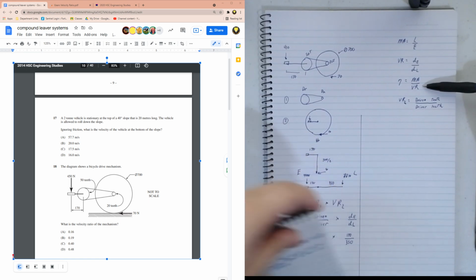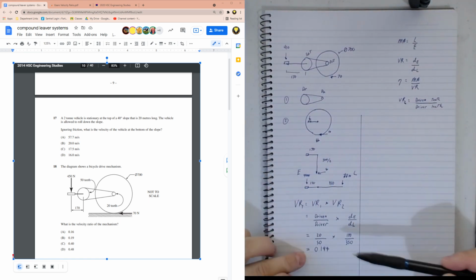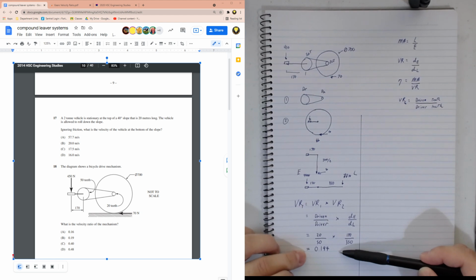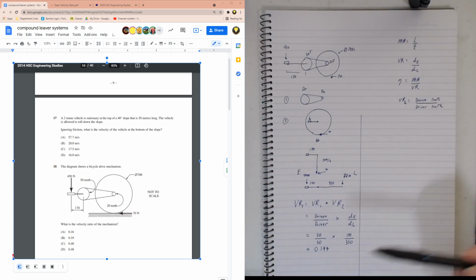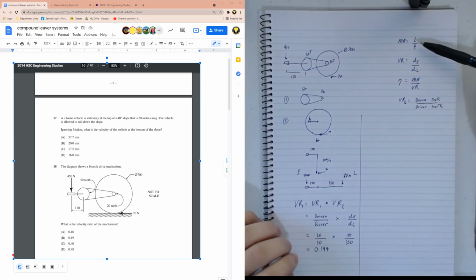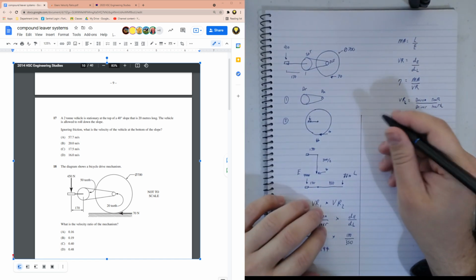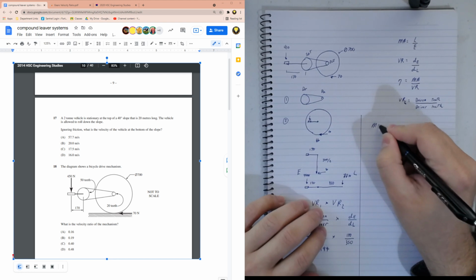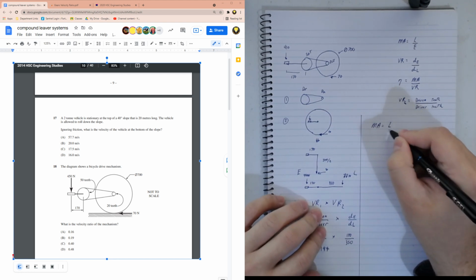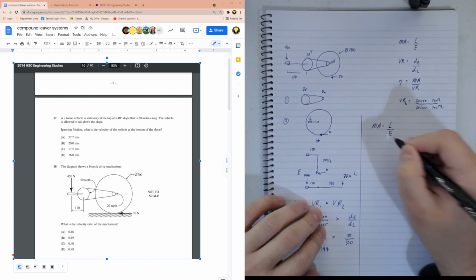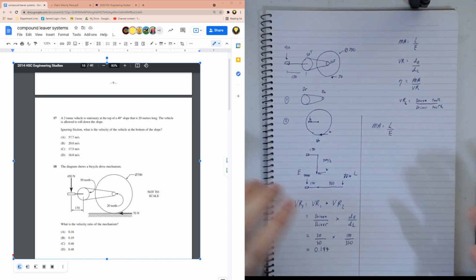We already know our VR because we've answered it, 0.194, so we have to find the mechanical advantage. MA equals load over effort.